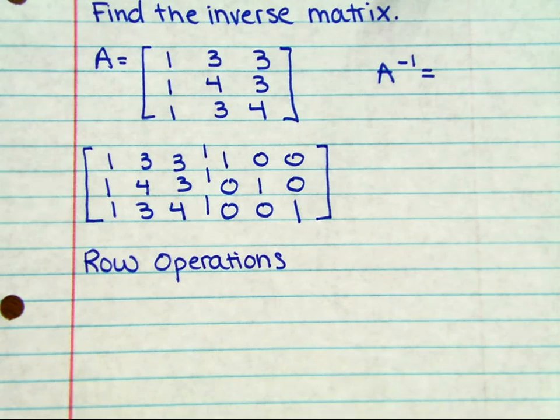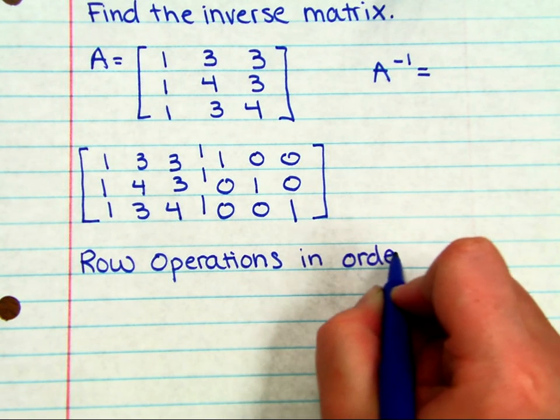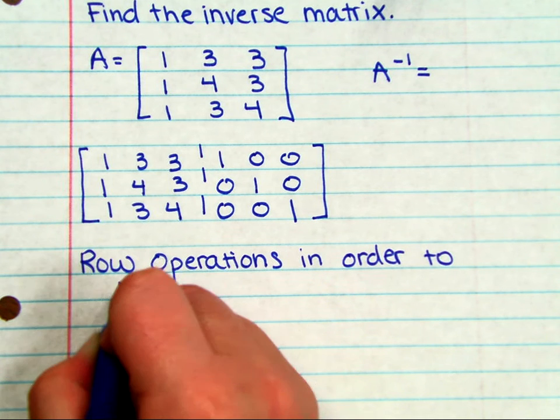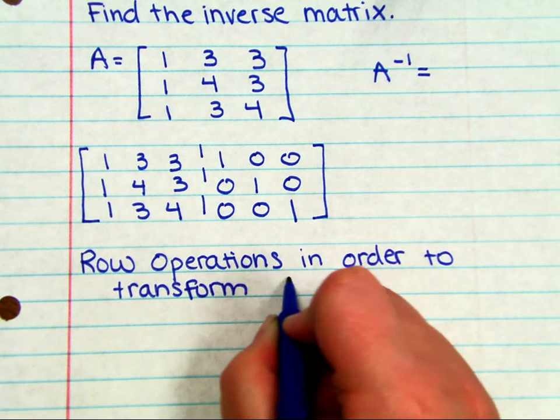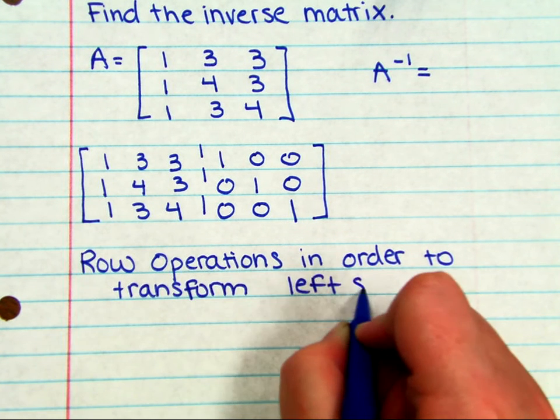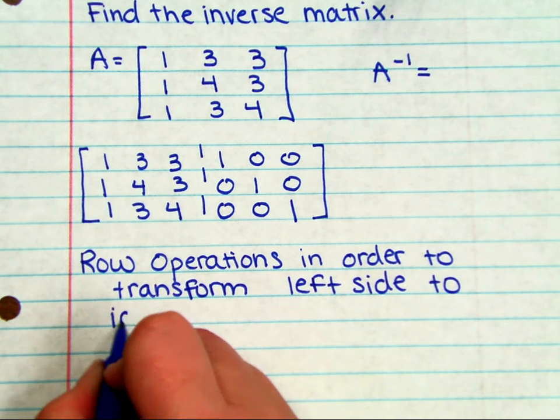Okay? In order to transform the left side to identity matrix.